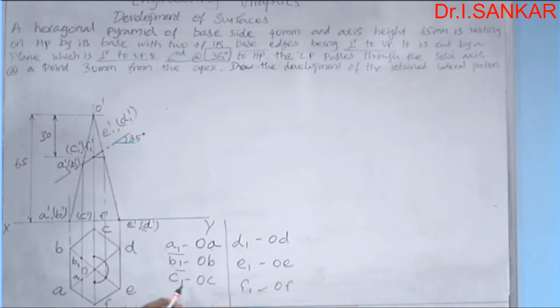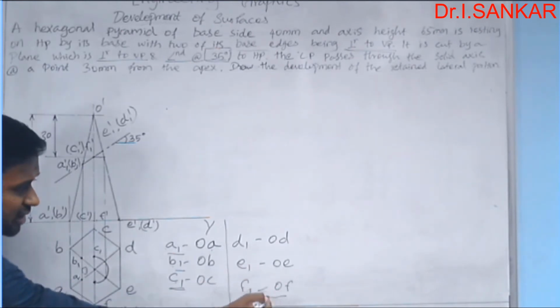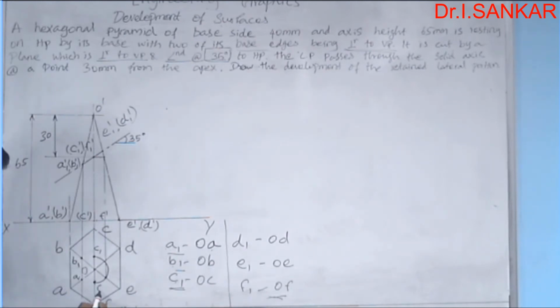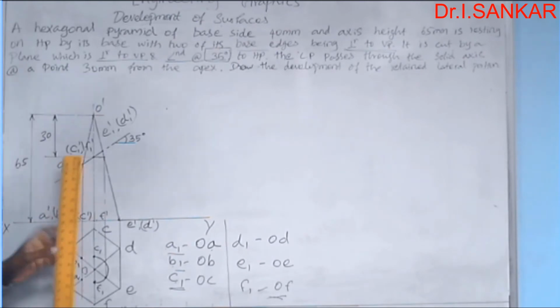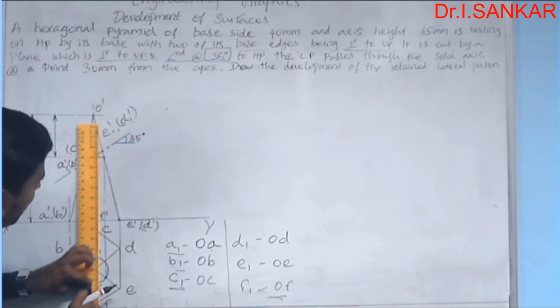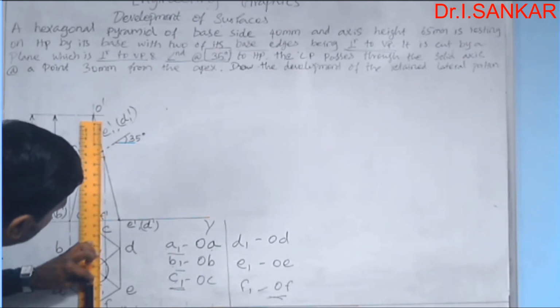In OC, you can mark C1. Here I can mark C1. And in OF, I can mark the F1. So in this way, you can mark the cut point in this kind of situation. And for marking E1 dash and D1 dash, you can follow the usual method. So I am projecting E1 dash and D1 dash towards the top view area.